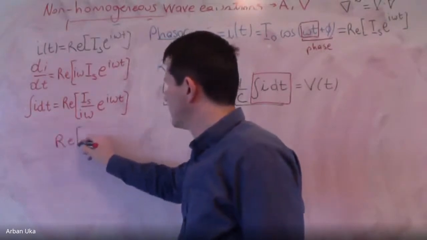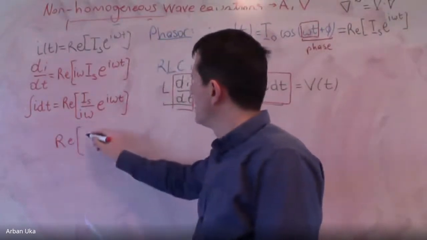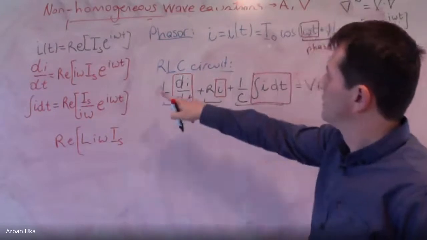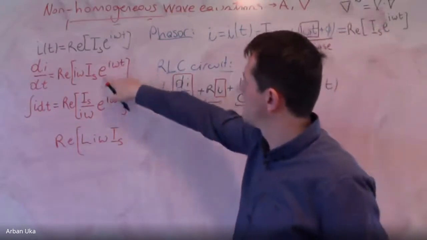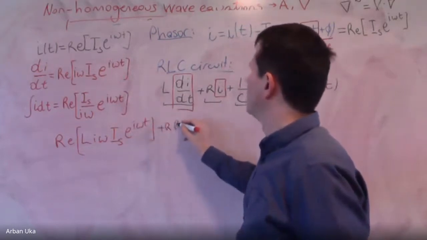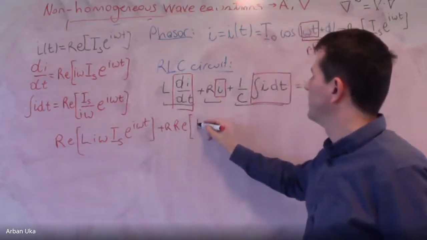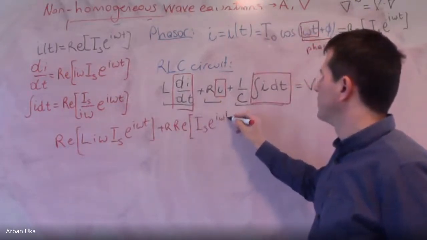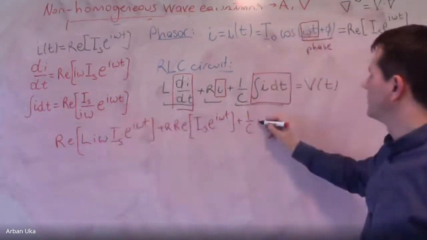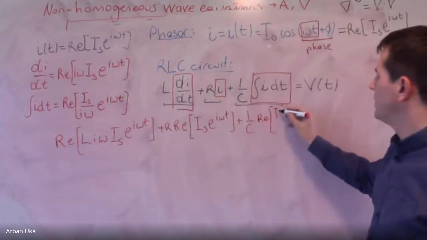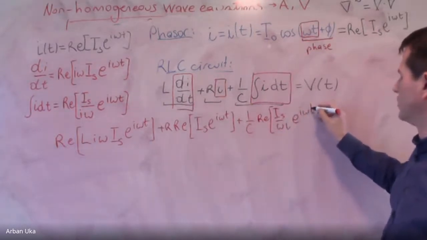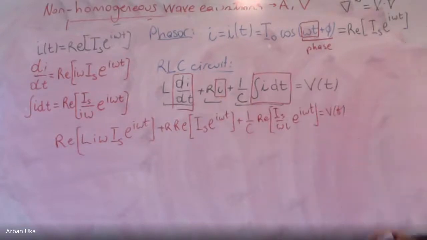We're going to get the real part of i omega L times the phasor, so we just multiply by L this derivative, e to the power i omega t, plus R times the real part of the phasor, e to the power i omega t, plus 1 over C, then we have the real part of Is over i omega, e to the power i omega t. This is equal to V(t).